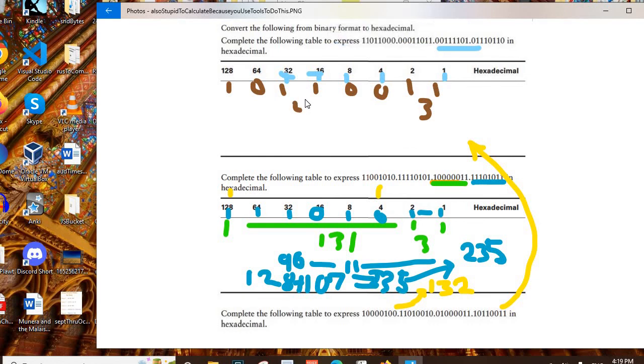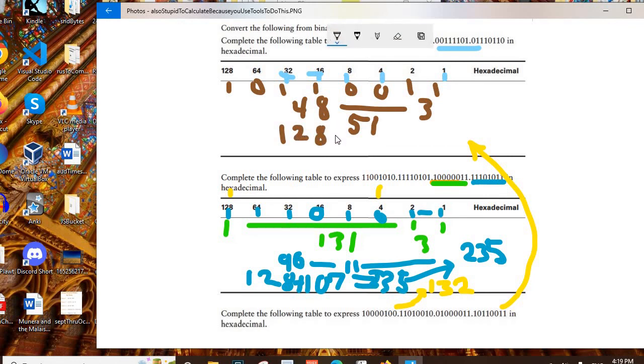And we have 48 over here, which comes together for 51. And then 128 plus 51 is 179. There we go. So this last one, just by matching up the switches, gives us 179.